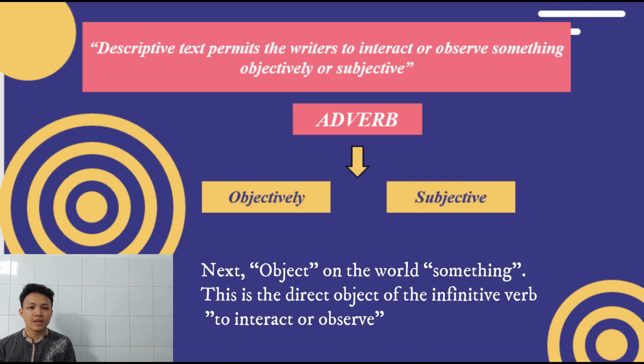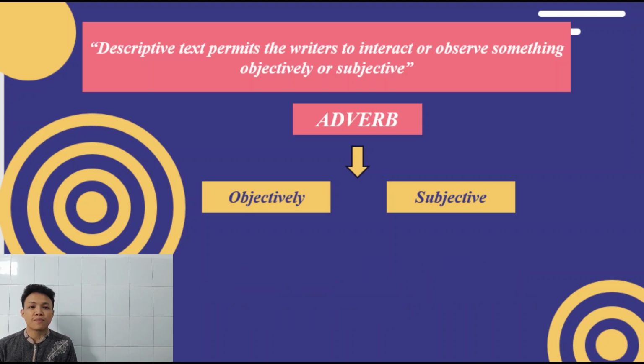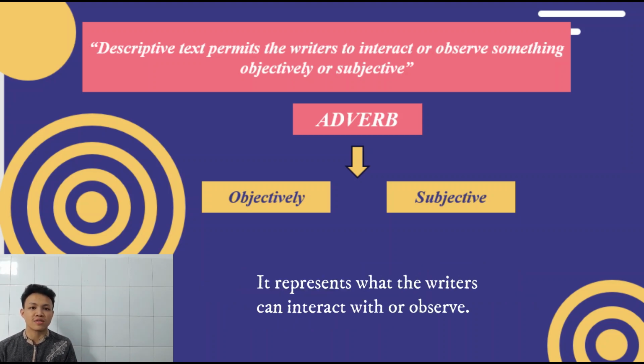Next, the object is the word something. This is the direct object of the infinitive verb to interact or observe. It represents what the writers can interact with or observe.